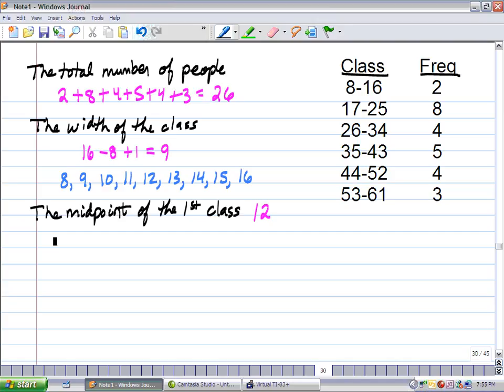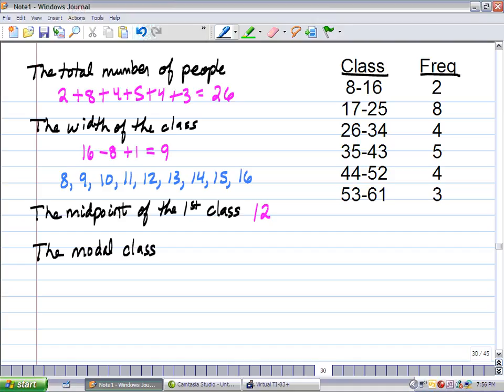The modal class. The modal class is the one with the highest frequency.